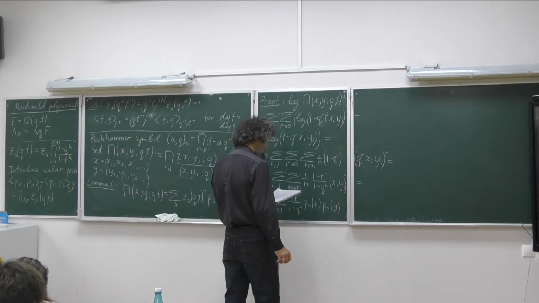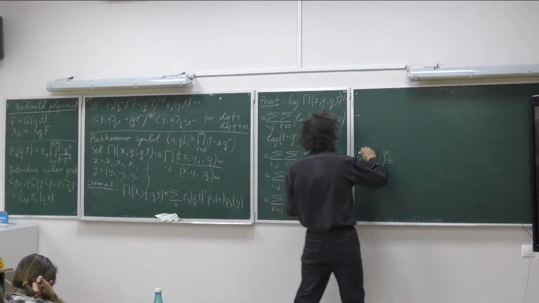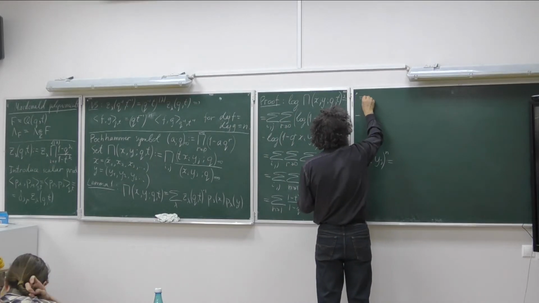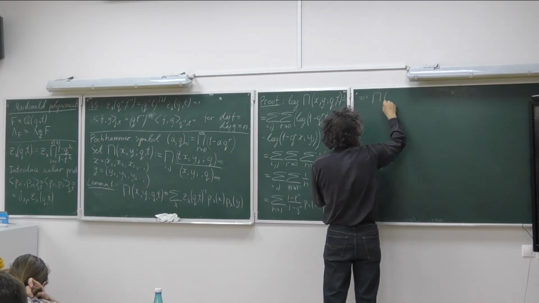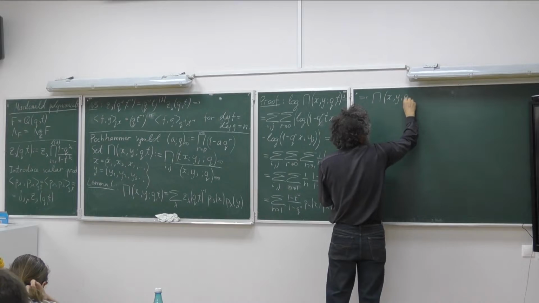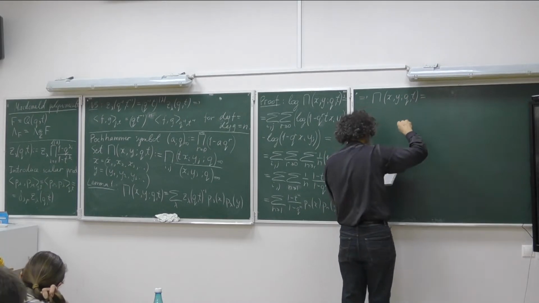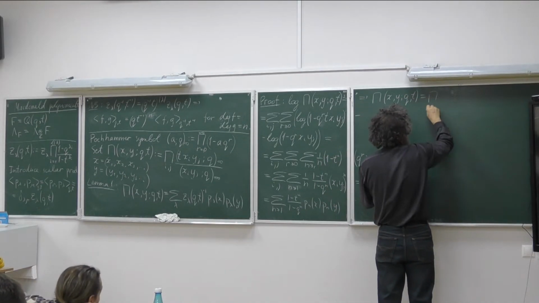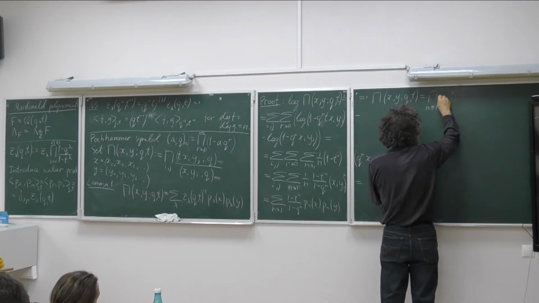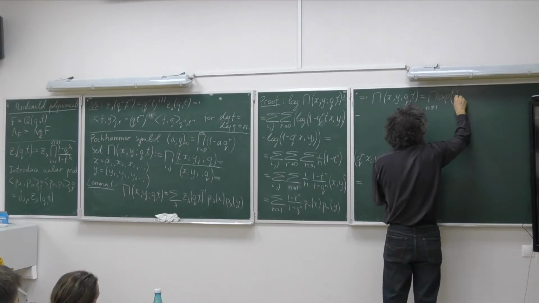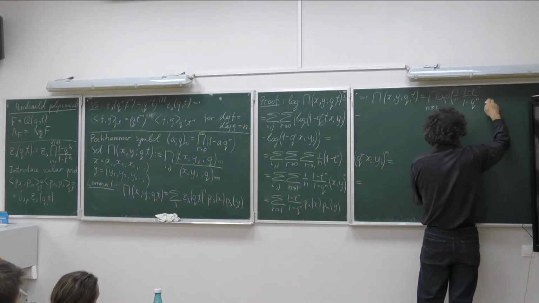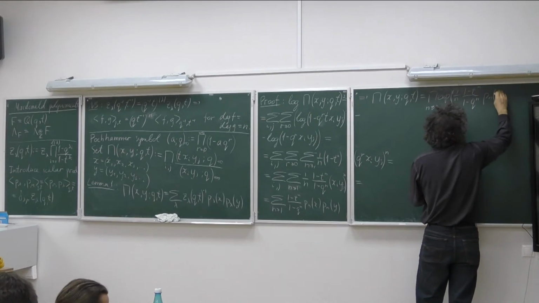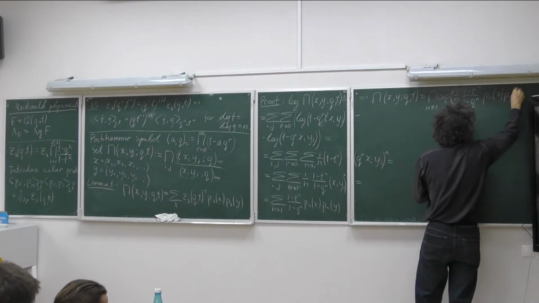And then exponentiating back, so to say, we get that this infinite product equals the product over n bigger than or equal to 1 of exponentials of 1 over n, 1 minus t to the n over 1 minus q to the n, p_n of x, p_n of y.